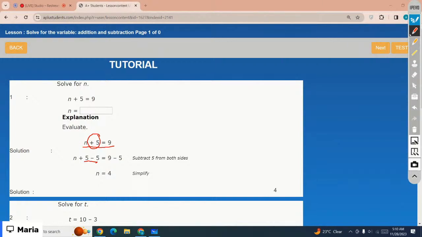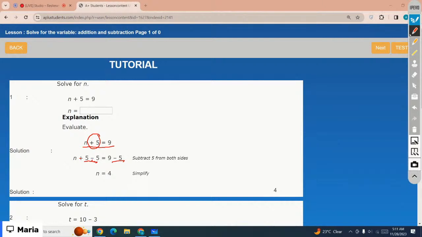You need to perform the same operation on both sides. Equality means you need to keep it balanced. So if you subtract 5 from the right hand side, you need to do it on the left hand side also. So here you have 5 minus 5 is 0, and here you have 9 minus 5 equals 4. That means the value of n equals 4. So the correct option is 4.